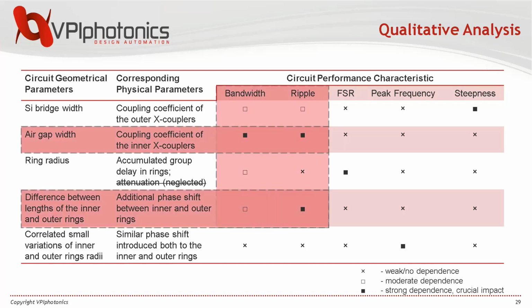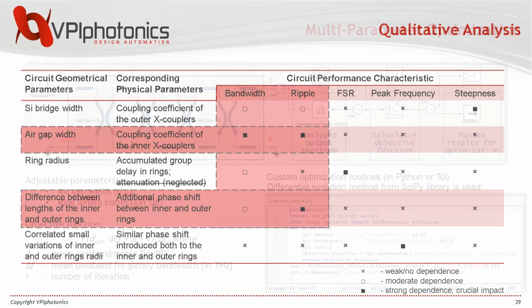And as I mentioned before, if we concentrate just for simplicity in this particular case on bandwidth and ripple, we will come up with air gap widths and the difference between lengths of the inner and outer rings as the most crucial parameters. And this allows us to greatly simplify our further analysis because we can decrease the number of variable parameters and speed up the process of defining the circuit settings that provide the best performance.